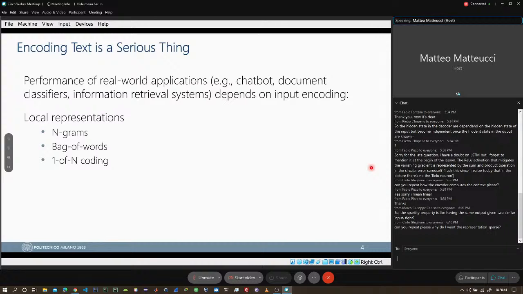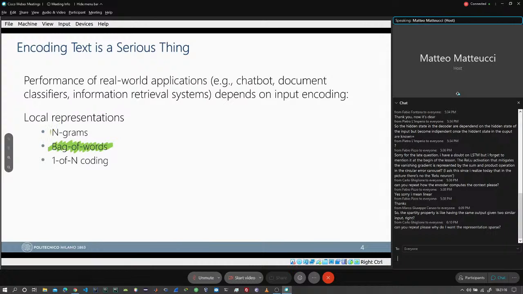In the history, bag of words was just one way of encoding text. I mean, we have already discussed bag of word encoding a minute ago. So you have a long vector where you store the one, or a number which is a ratio between the frequency and the relative frequency of a word, to represent a text.